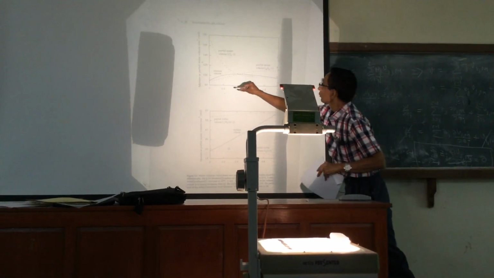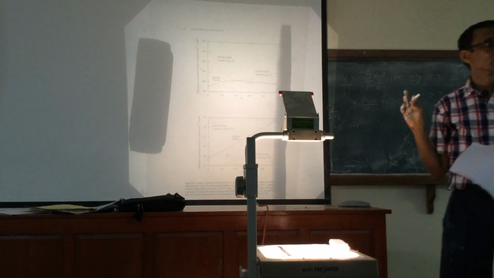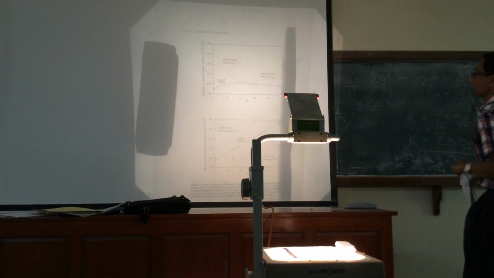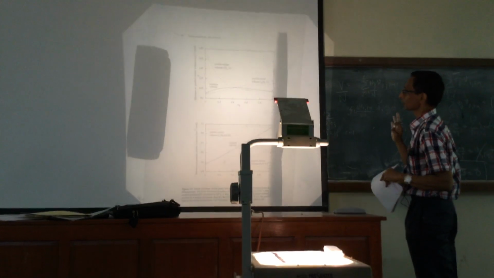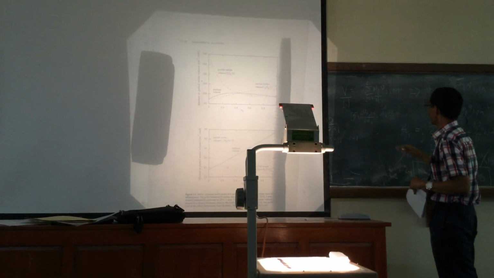Because the partial molar volume is increasing with composition, right? Maybe they have here an X2 plot, it might not be quite good, but I can take Z2 as the variable.